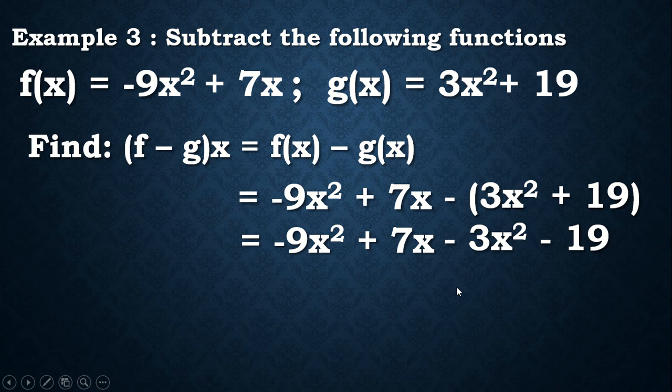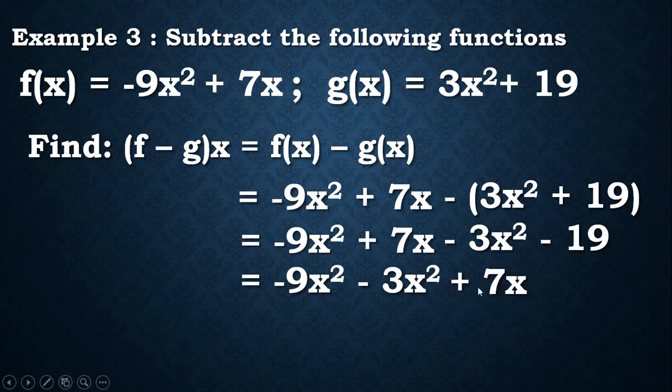After that, we have to combine like terms. We have negative 9x squared minus 3x squared. Again, they are like terms because they have the same variable and same exponent, which is exponent of 2, plus 7x minus 19. And then we have to add this.